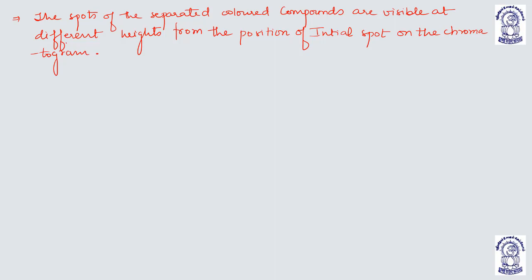Previously we talked about the spots of the separated colored compounds, which are visible at different heights from the position of the initial spot on the chromatogram.